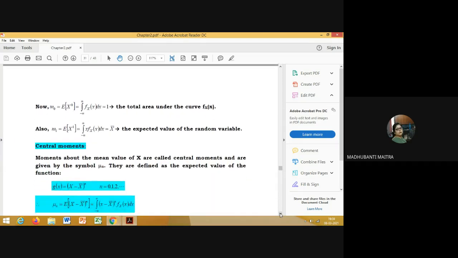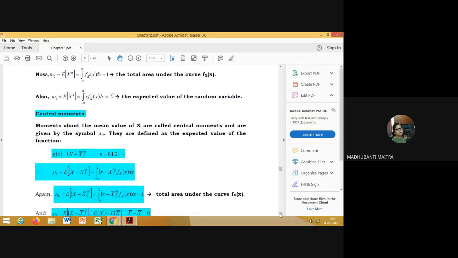Now let's come to the central moments. Moments about the mean value of x, that means the expected value of x, are called central moments, or moments about the average, or moments about the expected value, or moments about the mean, and are given by the symbol mu n.